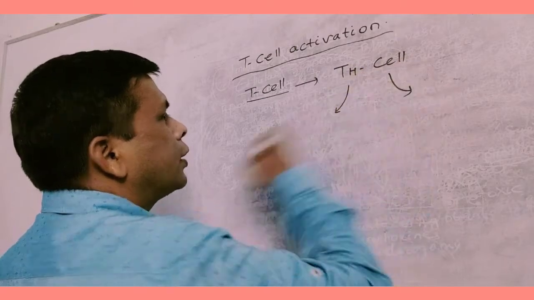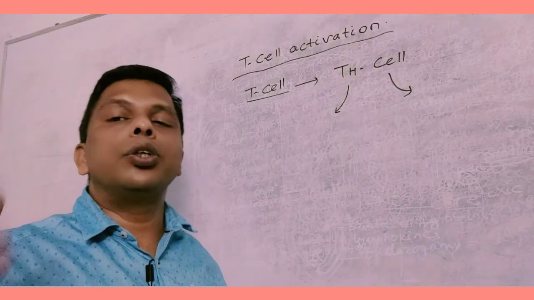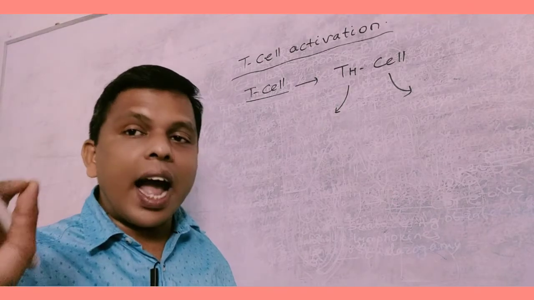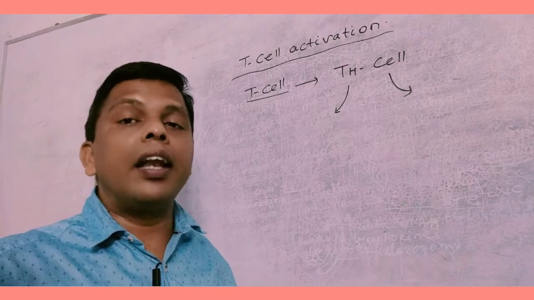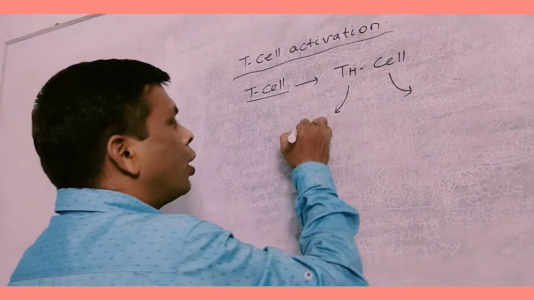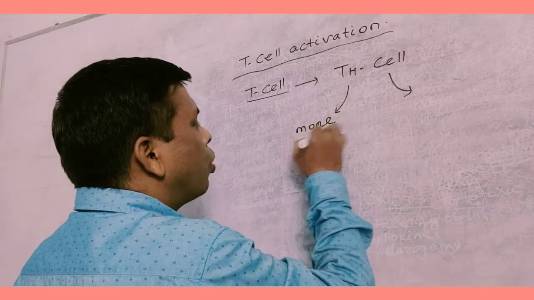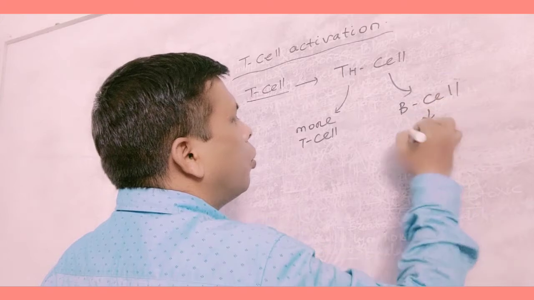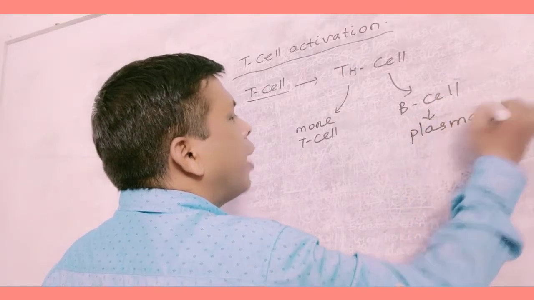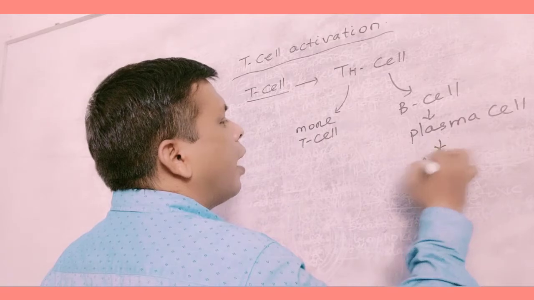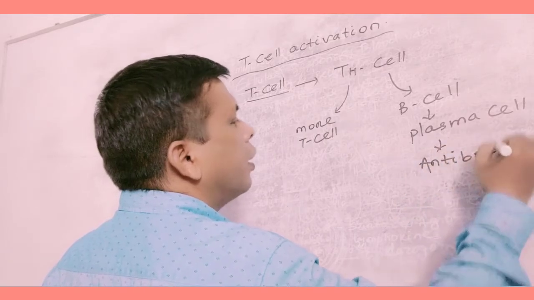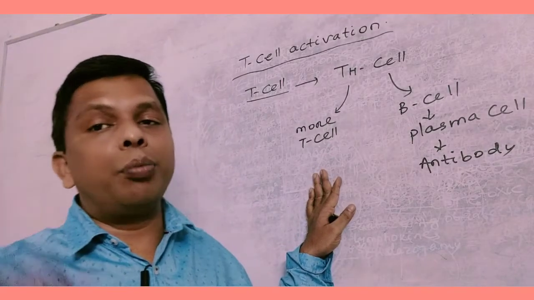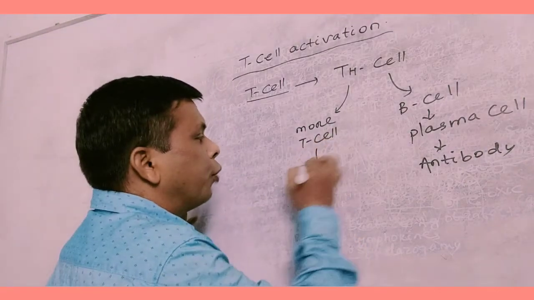The helper T cell induces more cellular immunity, and also activates the B cell into plasma cell. The plasma cell produces antibody, and the T cell directly produces cellular immunity.